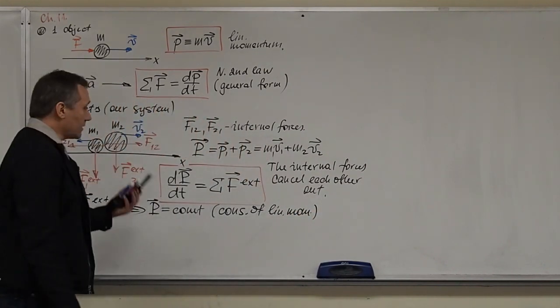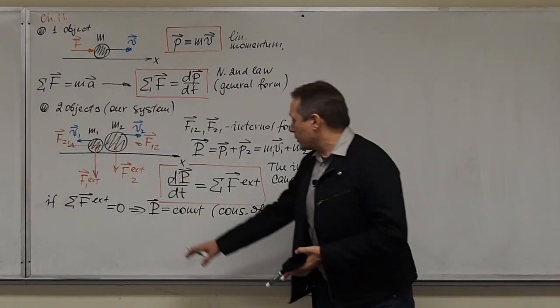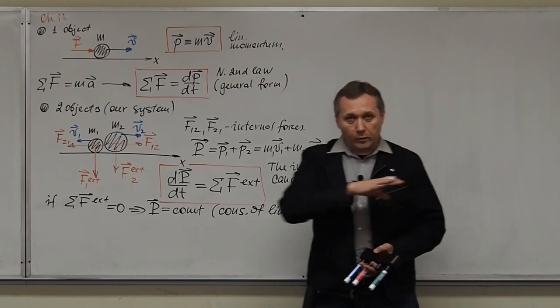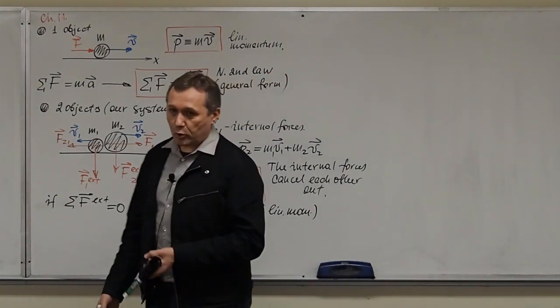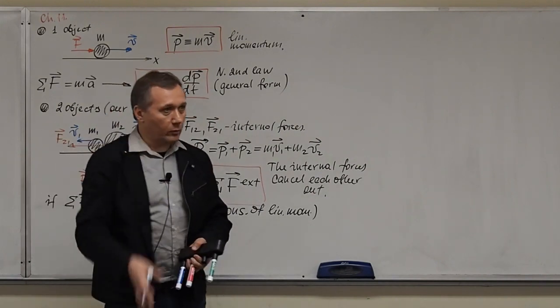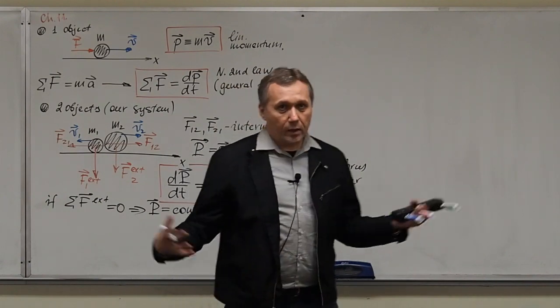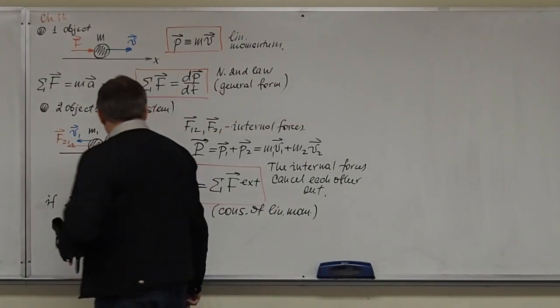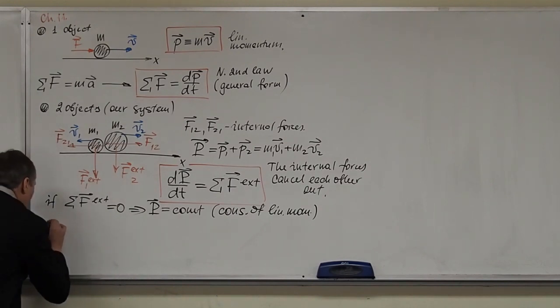Okay, all right. All these quantities are vectors. Of course, we can talk about the conservation of linear momentum along the x direction or the y direction. It's possible that linear momentum is conserved in the x direction but not in the y direction, or vice versa. So I can write it this way.